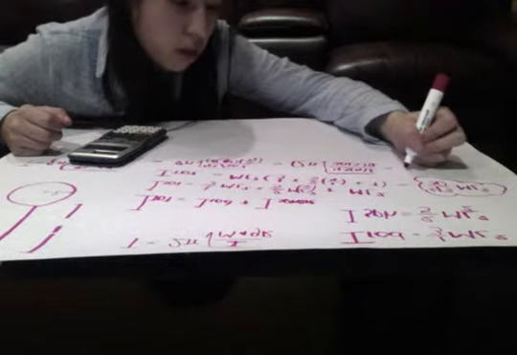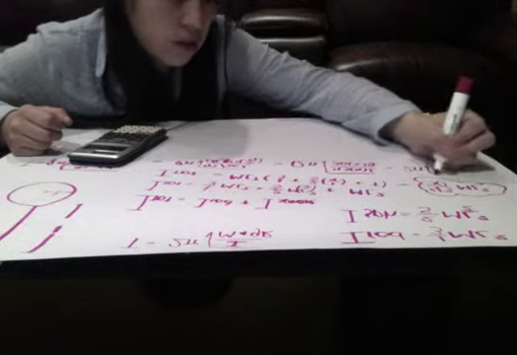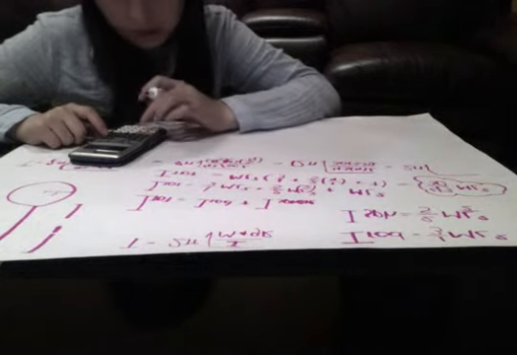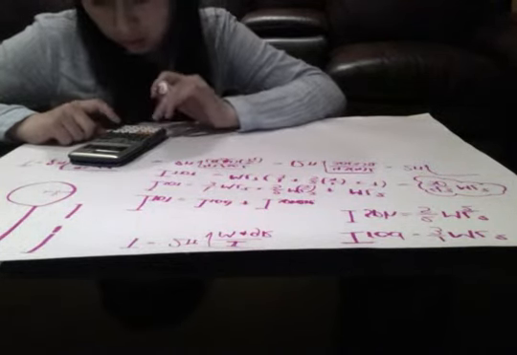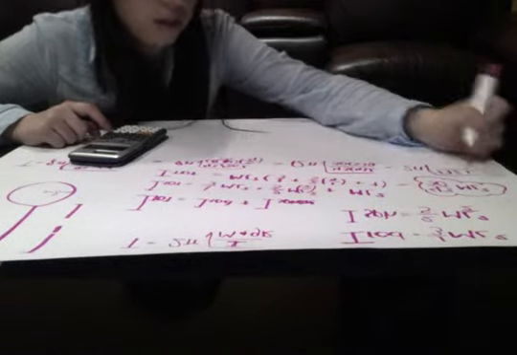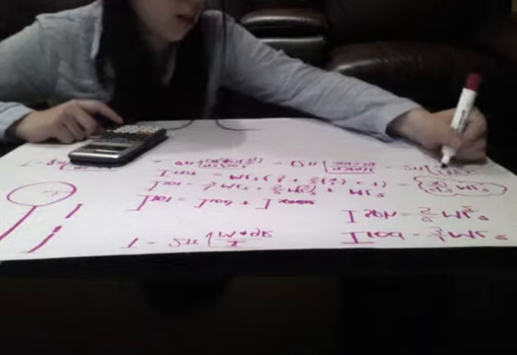So we have 2 pi times the square root of 43 times 4, which is 172 L, divided by 90 g.